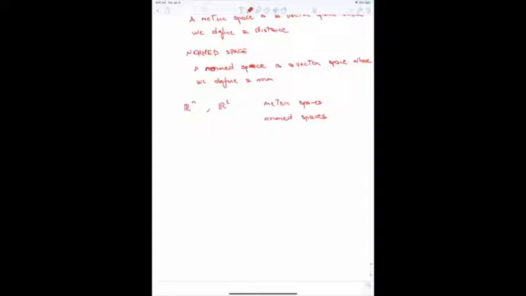So in general, we say that the norm induces the distance. So in general, we can define a distance between a point x and 0 as the norm of x. And depending on which norm you choose, we're going to have different distances.